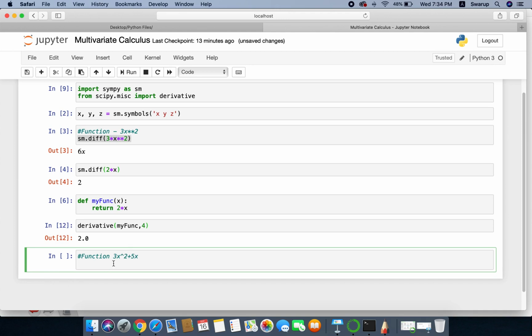For this, what we can do is use the same differentiation function, that is sm.diff, and we'll be passing the equation here, that is 3 times x square plus 5 times x.